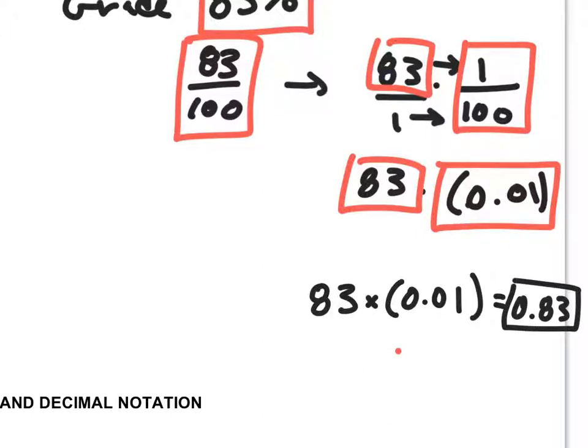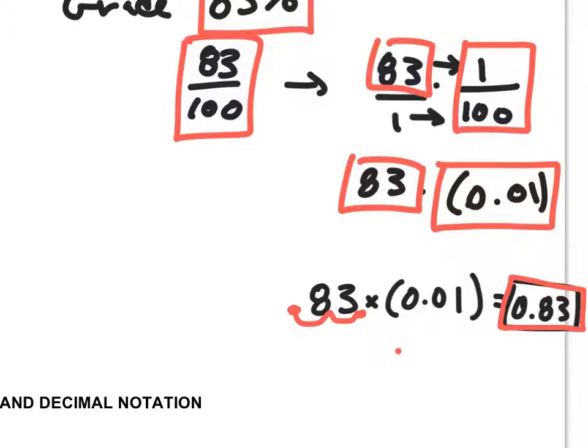One of the concepts here is that really all that happens when you multiply by this number is that you move the decimal place. When you're converting from a percent to a decimal, here's where your decimal is, and we simply move it over 2 units, and it gives us 0.83.